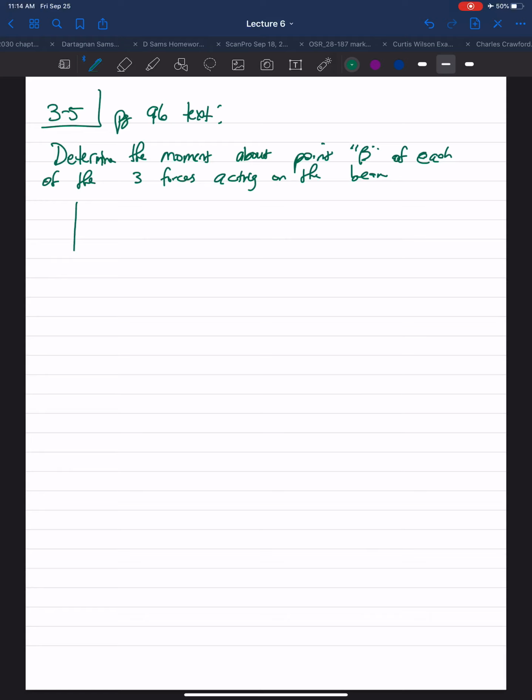So in this case, we have a point B. Okay, so we have an F1. This is 375 pounds force.